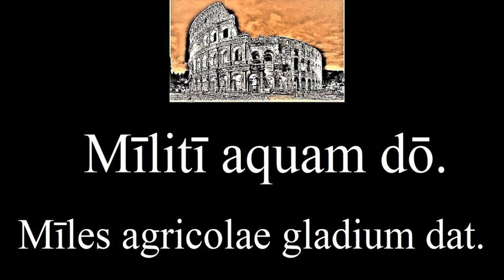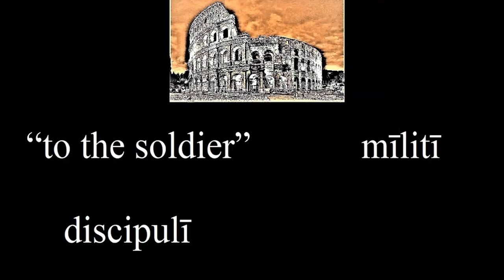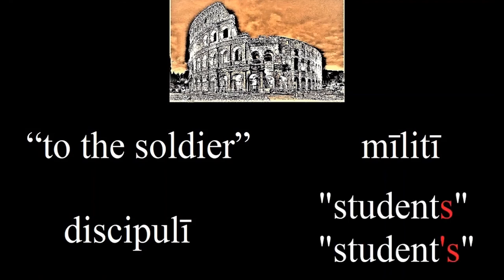This word is our first third declension noun. Beyond the first declension, the declensions become more annoying because the nouns are more irregular and there is overlap among the endings. For example, when we say to the soldier, we use the form militi. Can you remember what discipuli means? Adding i to second declension nouns, like discipulus, is like adding an s or an apostrophe s.